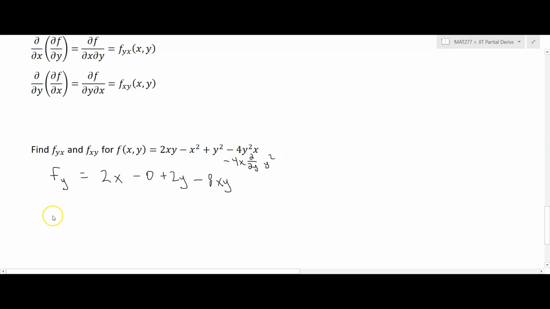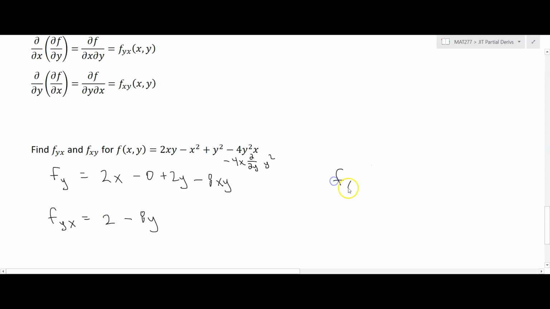Now if I take the derivative of that with respect to x, all right, well, the derivative of 2x is 2. The derivative of 2y with respect to x is 0. The derivative of negative 8xy with respect to x, so that means negative 8y is a constant. Factor that out, the derivative of x is 1, so we get minus 8y.